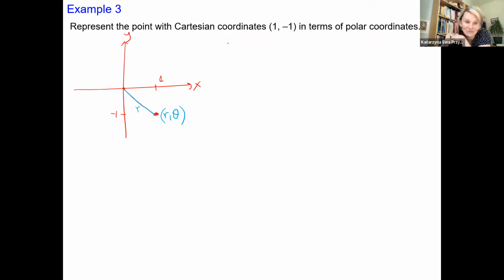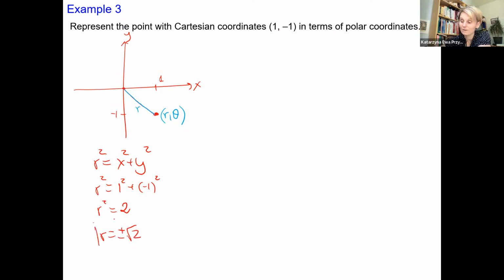What equation will we use? We will use the other pair. r squared is x squared plus y squared. 1 squared plus negative 1 squared, 1 plus 1, 2. And now we can see we have positive or negative square root of 2.